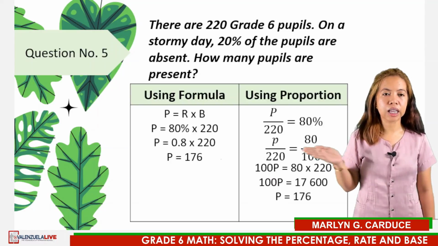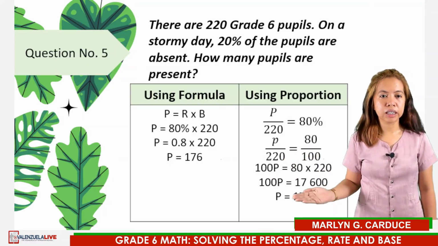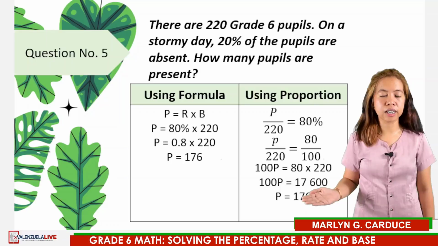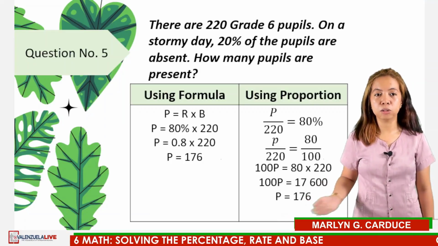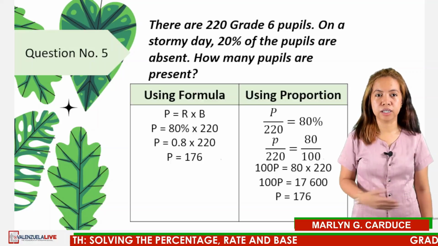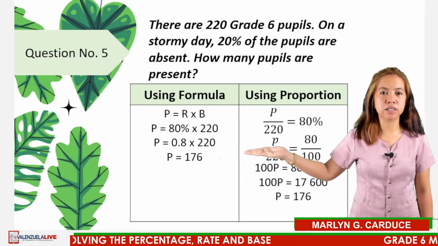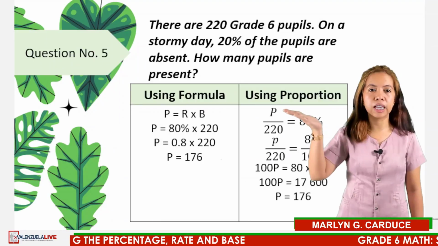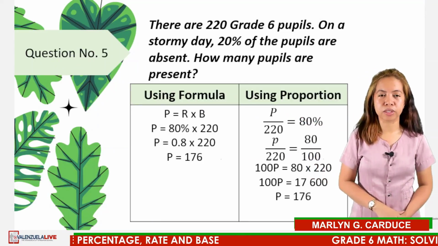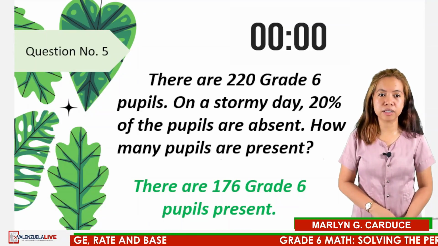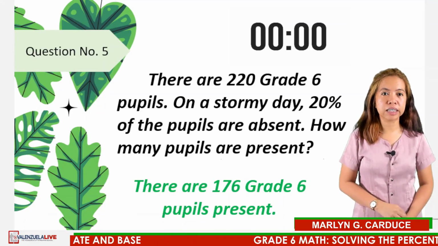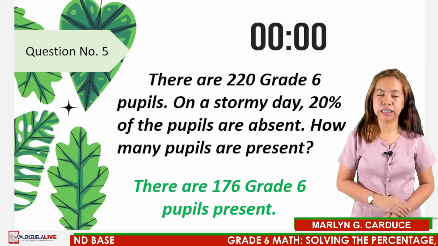And then 80 times 220, that is 17,600. And then divide both sides by 100, and we get, again, 176. So as you can see, we get the same answer using the formula and using the proportion. So therefore, there are 176 grade 6 pupils who are present on a stormy day.